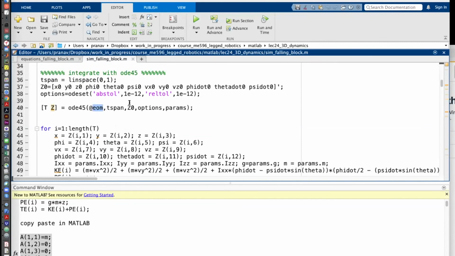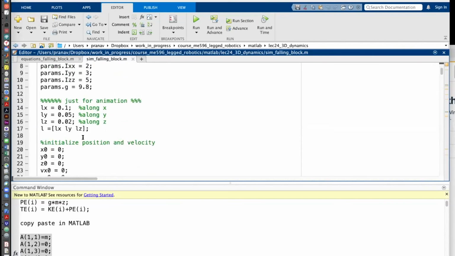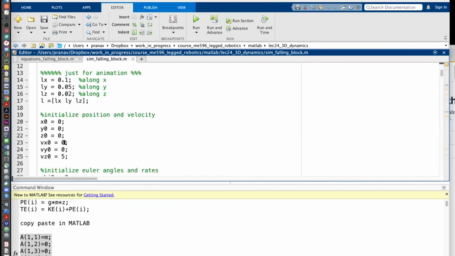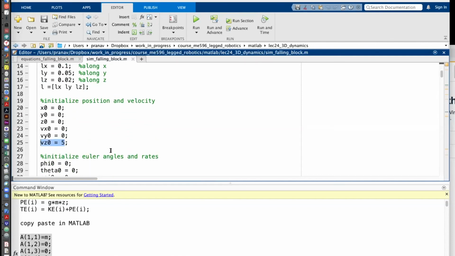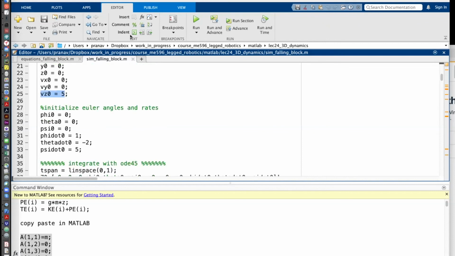It basically shows a block which starts off with certain parameters, but starts off with zero speed. There's a speed of 5 meters per second in the vertical direction, so against gravity. And then all the initial angular positions are zero, but then I impart some angular speeds in the Euler sense. So Euler rates are not zero. So let me run this.